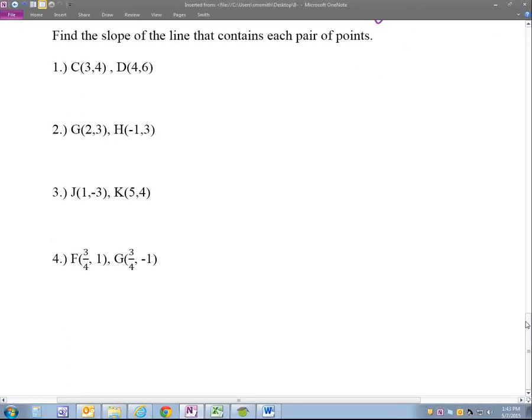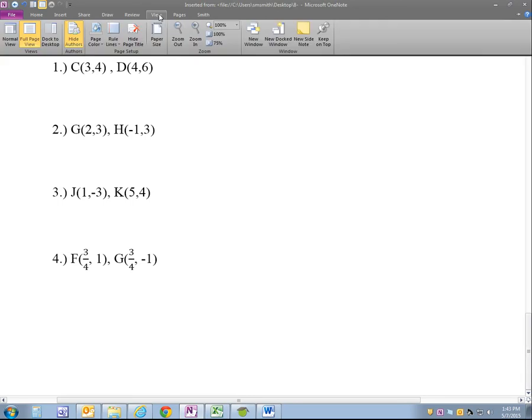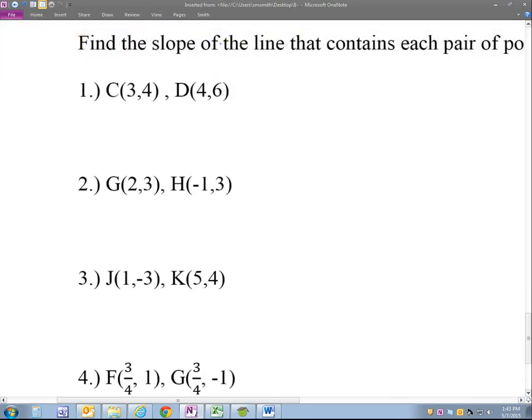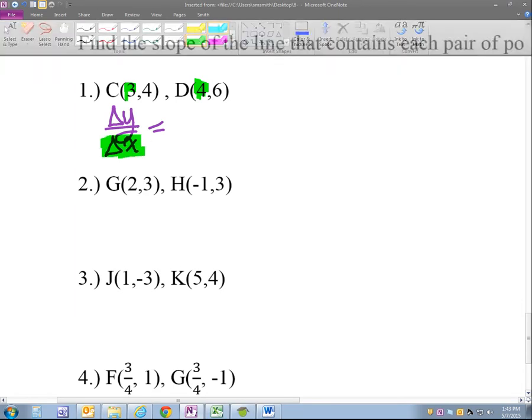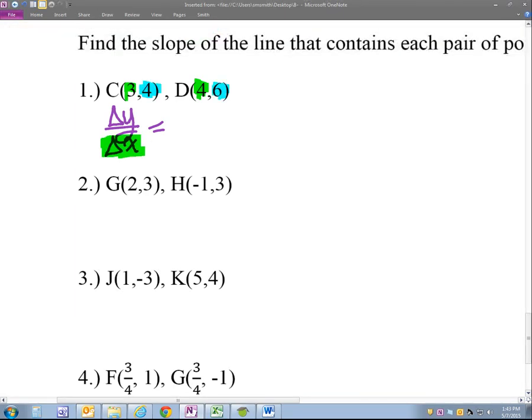All right, let's do another couple of them mathematically. So we got change in y over change in x. We're going to take our x values, subtract the first one from the second one. We're going to take our y values, subtract the first one from the second one.